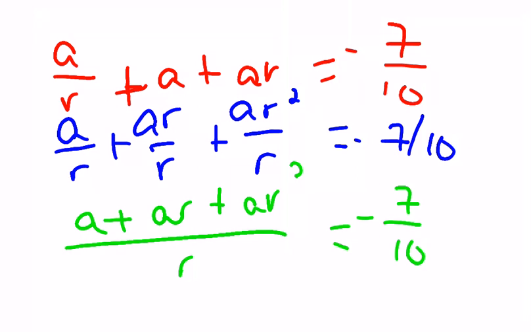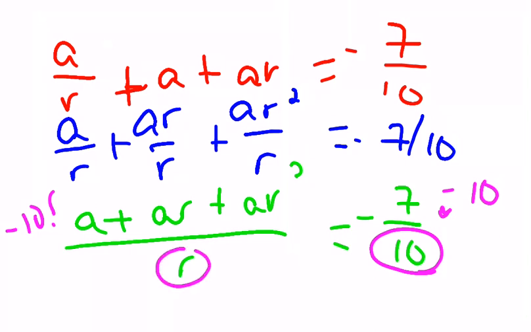Now we don't like fractions very much anyway, so if I multiply everything by a -10 to get rid of this denominator, and I also multiply it by R to get rid of this denominator, then I will have -10A.